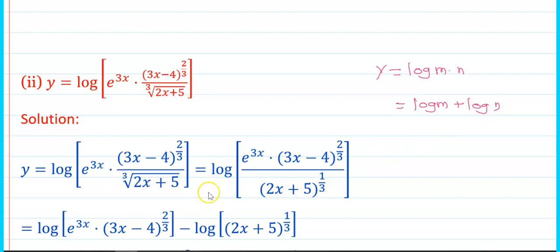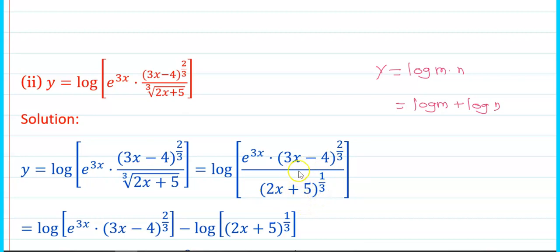Okay. In a similar way, here we will split it up. Simplification: what is here? Log of e raised to 3x into (3x minus 4) raised to 2 by 3 upon the cubic root of 2x plus 5. Cubic root means what? It is raised to 1 by 3.